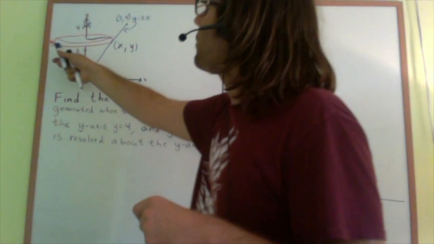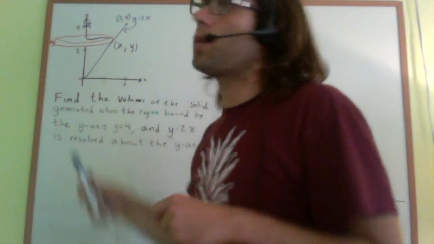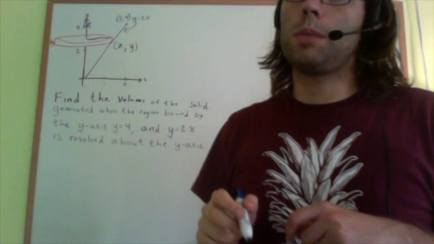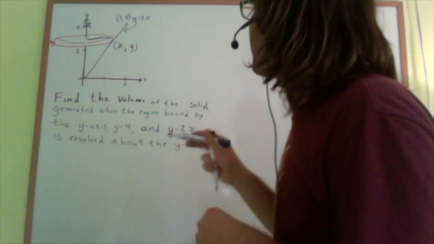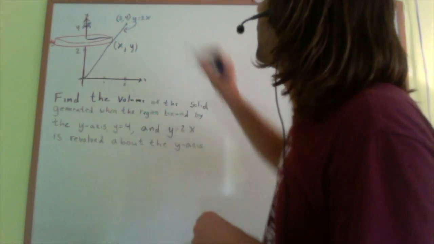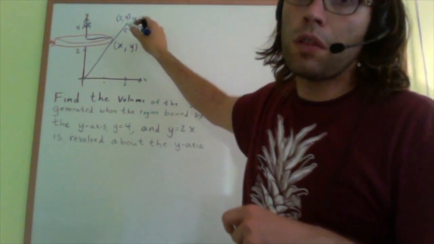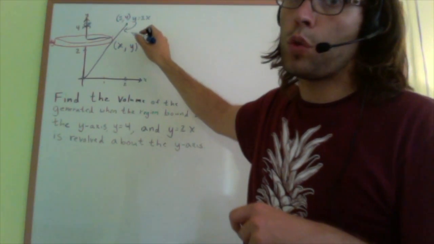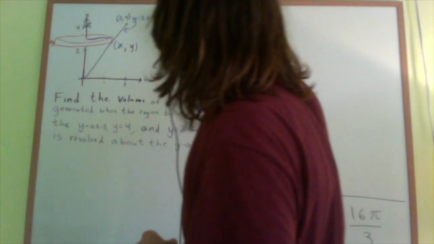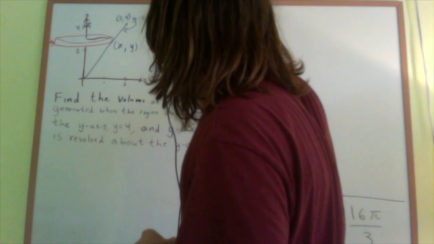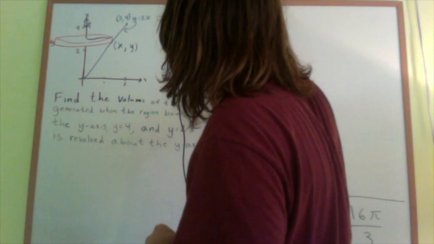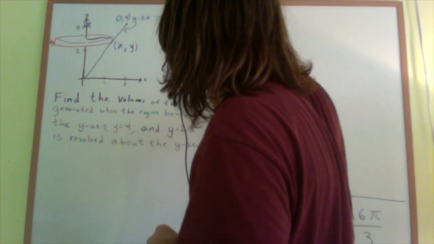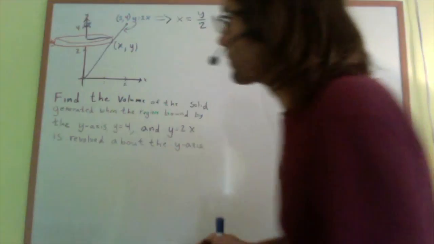And the reason why is because we have delta y here, so when we change into an integral, it's going to be dy. Okay? But that's pretty easy to do. On this line, y is equal to 2x, which implies that x is equal to y over 2.